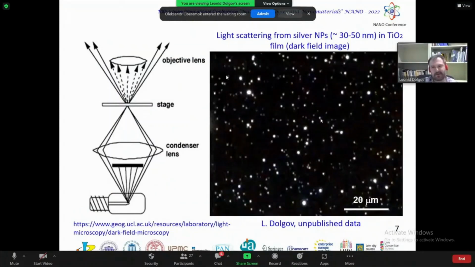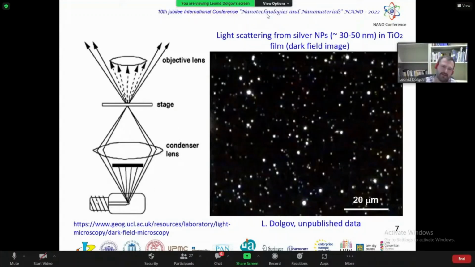Usually when we talk about nanoparticles, they have sizes smaller than the wavelength of light, and in the common geometry of a microscope it's impossible to see them. But if you make a dark field, meaning that the direct light will not come to the particles but only some side scattered light, you make a side excitation and only scattered light comes to your eye, you will see bright spots, which are basically scattering from nanoparticles.